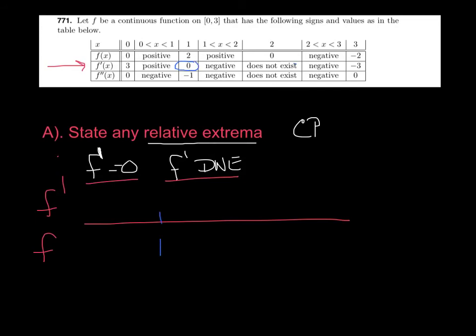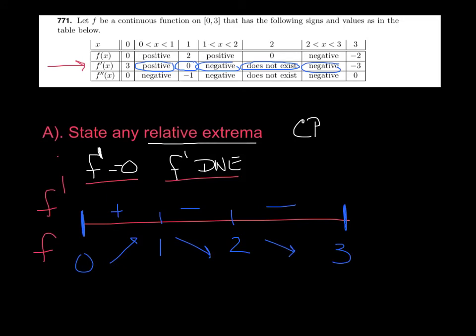The next time it equals 0 or doesn't exist looks like right here, so it looks like 2 is a critical point. And just be careful, notice they said we are going from 0 to 3. Now, you don't even have to guess, they tell you. Between 0 and 1, you should be putting a plus sign. Between 1 and 2, you should have a negative. And between 2 and 3, you should also have a negative.